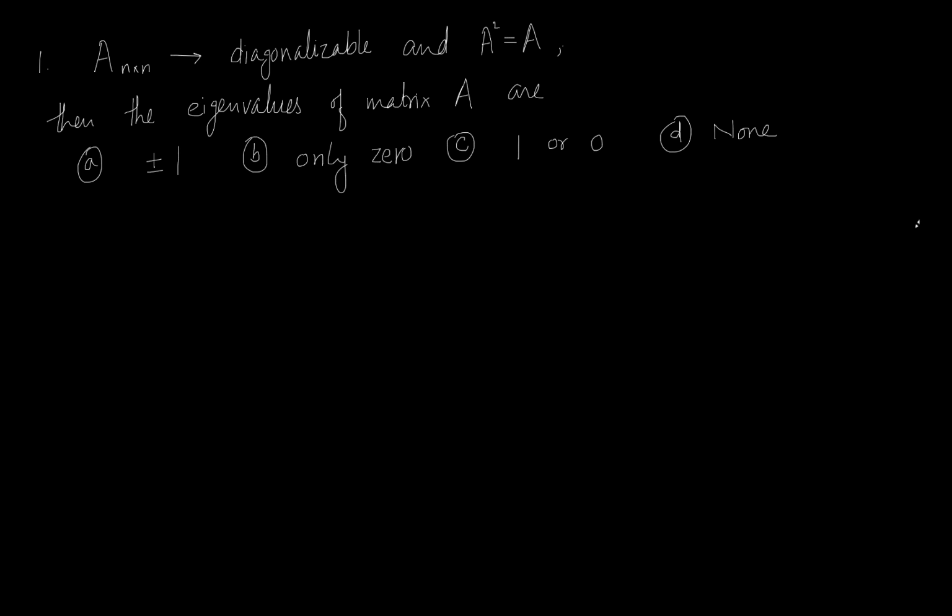What is given in the question? Given that A is diagonalizable. So just use the definition of diagonalizability.